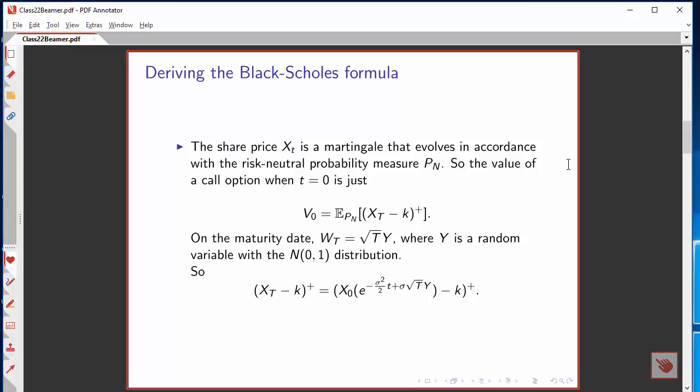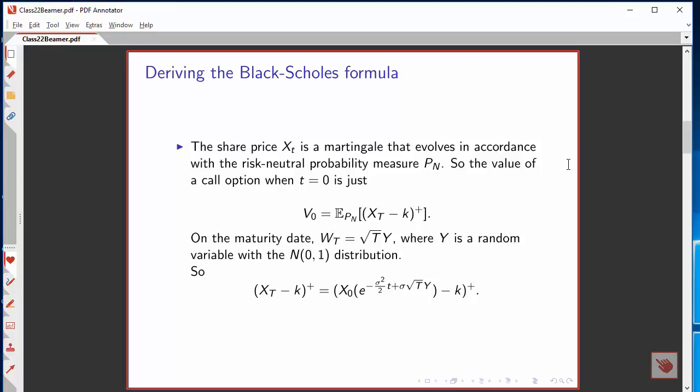W sub t has a variance equal to t. I'd really prefer to deal with a standard normal distribution where the variance is equal to 1, and I'll do that by just writing W sub t as y times the square root of t. That means that y will have a variance that's smaller by a factor of t than W sub t, just the one that we want.